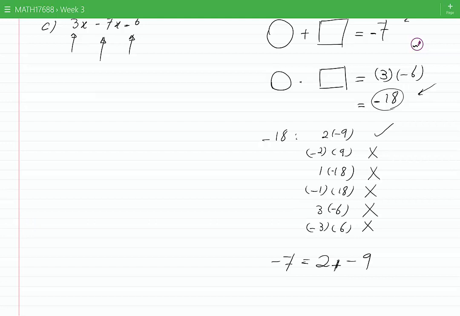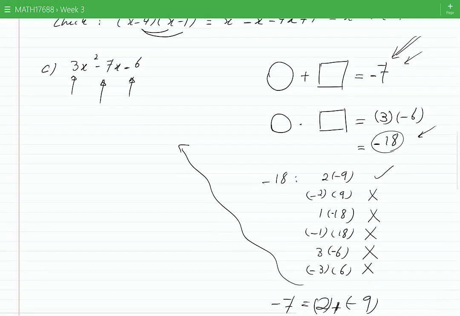Let's take this and substitute it into our original expression. We would have 3x squared plus 2x minus 9x minus 6.